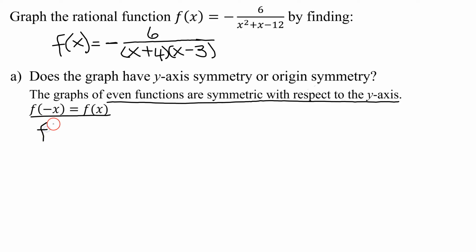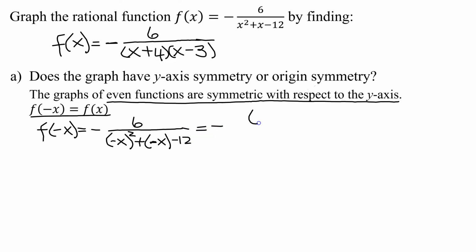So I'm going to have to find f of -x. That means in my function, I'm going to use this version of my function. Wherever I see an x, I'm going to put a -x. So I'm going to have -6 divided by, instead of x squared, I have -x all squared, plus, instead of x, a -x minus 12.